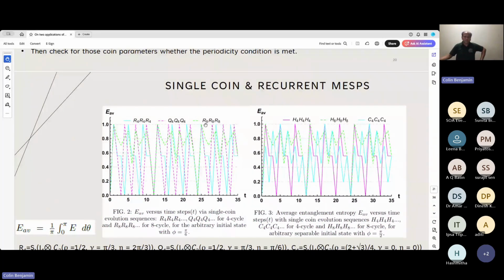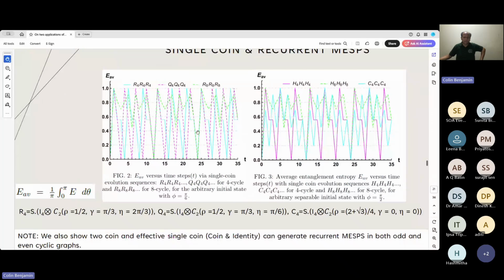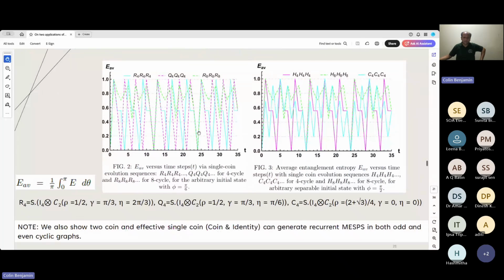So it showed that for both even cycle graphs with a single coin, we can have maximally entangled states, which you can generate in single coin cyclic quantum walks, and therefore any arbitrary coin, basically R4, Q4, and many other coins we gave examples of.